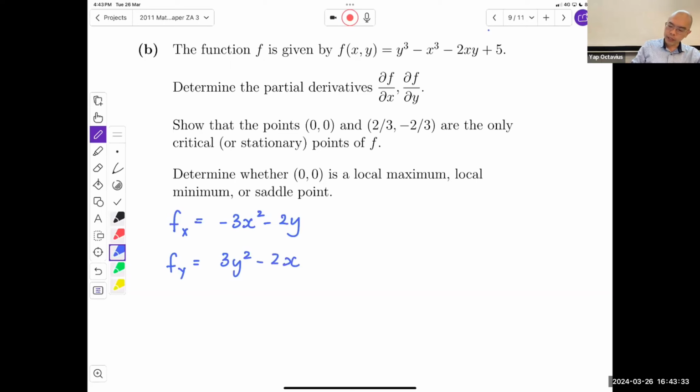Let's find its partner, the second order. Get negative 6x. You get 6y. Right, you should get 6y, right?